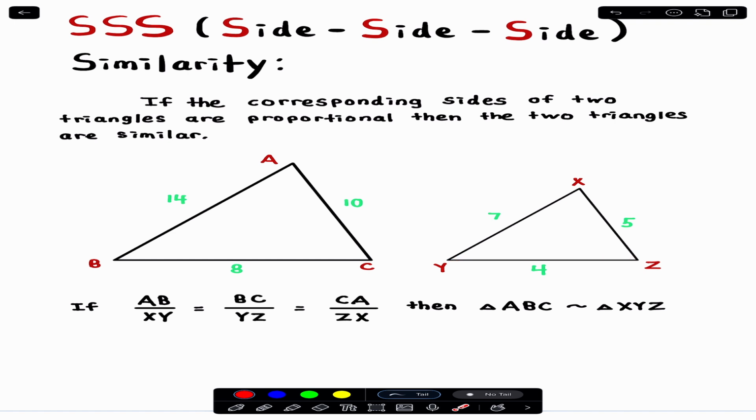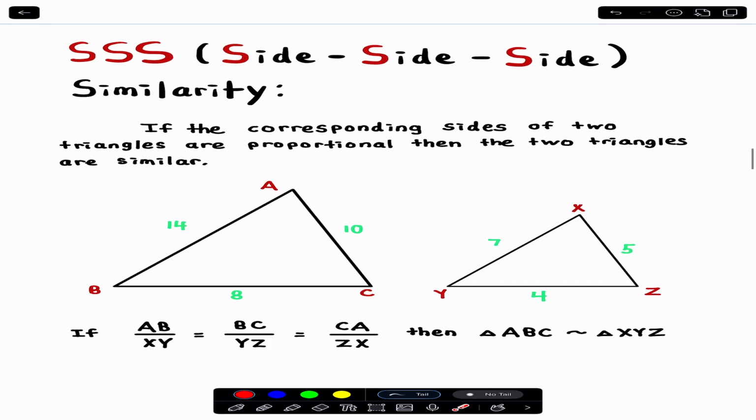You take AC, divide that by XZ, 10 over 5, that's also 2. Well, guess what? These three ratios are exactly the same. Therefore, we have triangle ABC is similar to triangle XYZ. And that's side, side, side similarity.